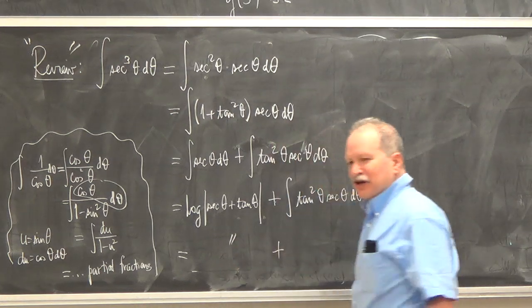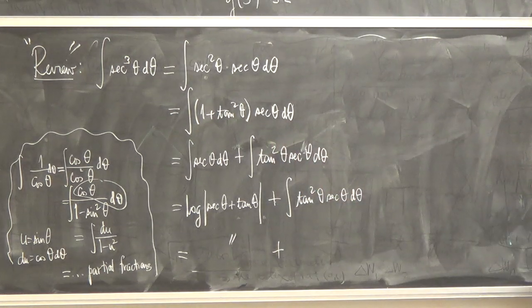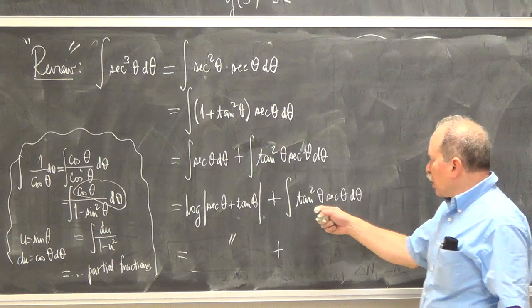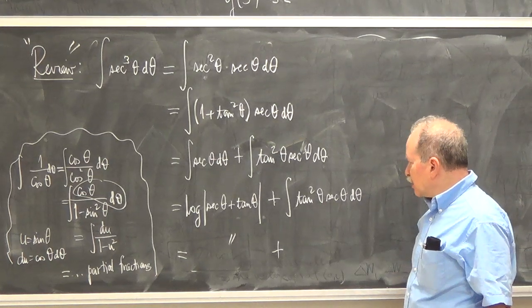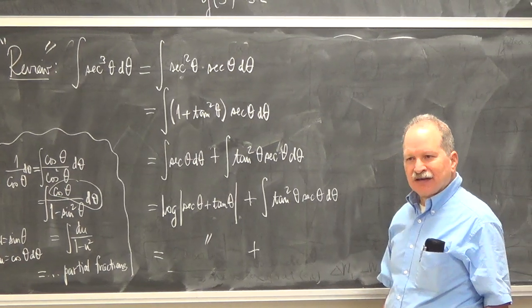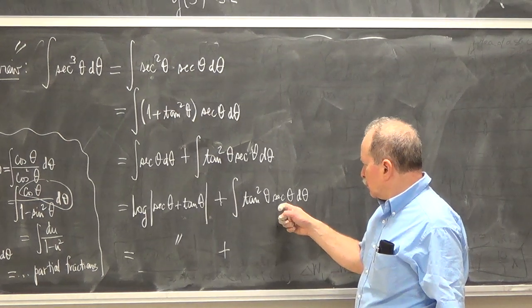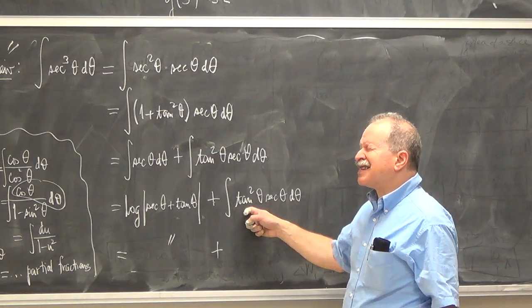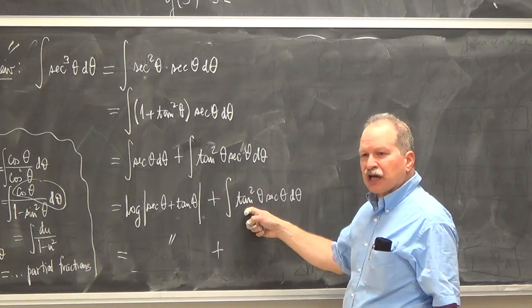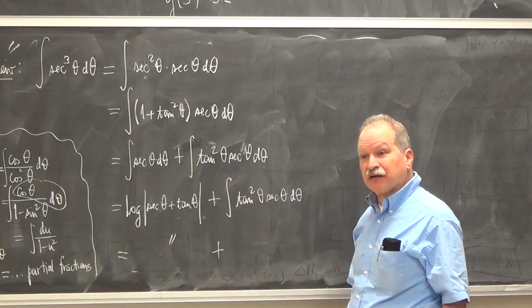You really do want to do integration by parts. Which one can I integrate and which one can I differentiate? Integrate secant tangent, but then I would have to differentiate the other tangent. Okay, that's not so bad.